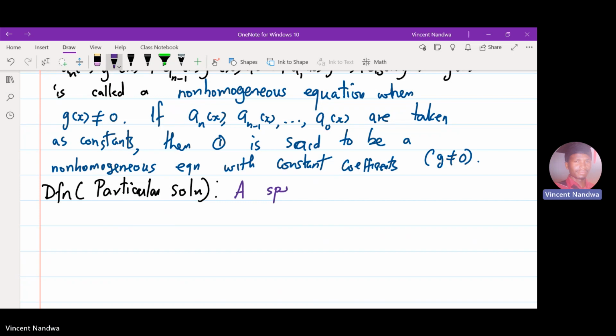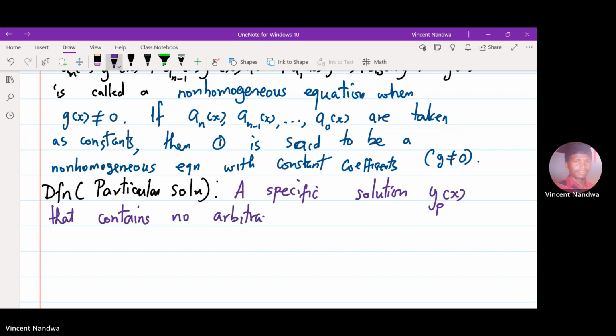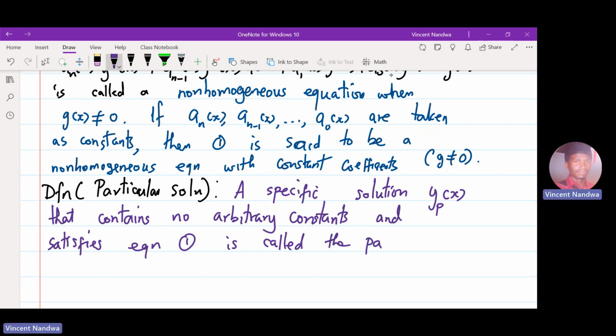A specific solution y_p of x that has no arbitrary constants and satisfies equation 1 is called a particular solution.